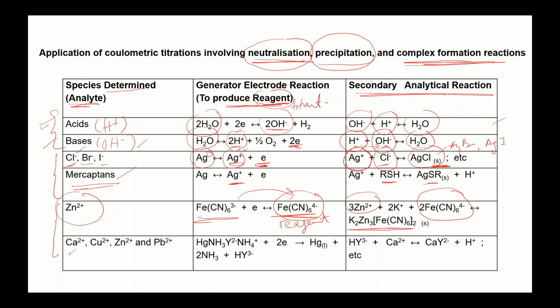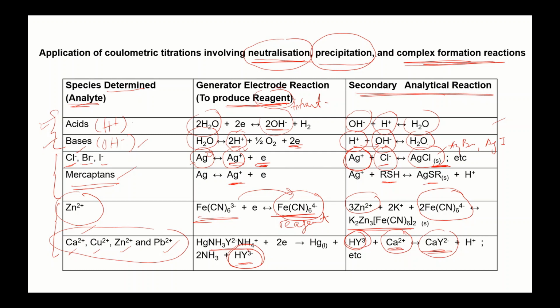If you want to determine calcium 2 plus, copper 2 plus, zinc 2 plus, or lead, all these are divalent cations, you can use EDTA. Okay, this is EDTA. So it will be reduced to form this reagent. The reagent will react with the divalent cation, for example calcium, in a complex formation reaction.